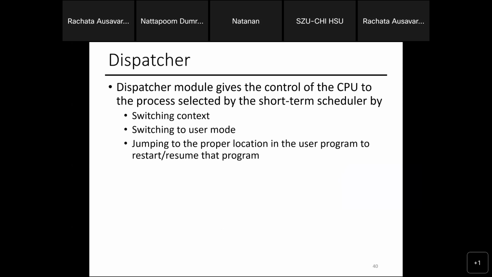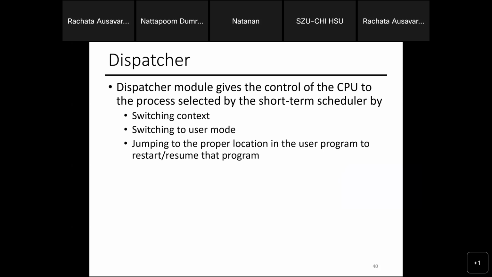This is done by first switching the context. Switching the context means that for the process, the PCB you saw last week, I save it all, then switch, so the CPU loads a new process context.